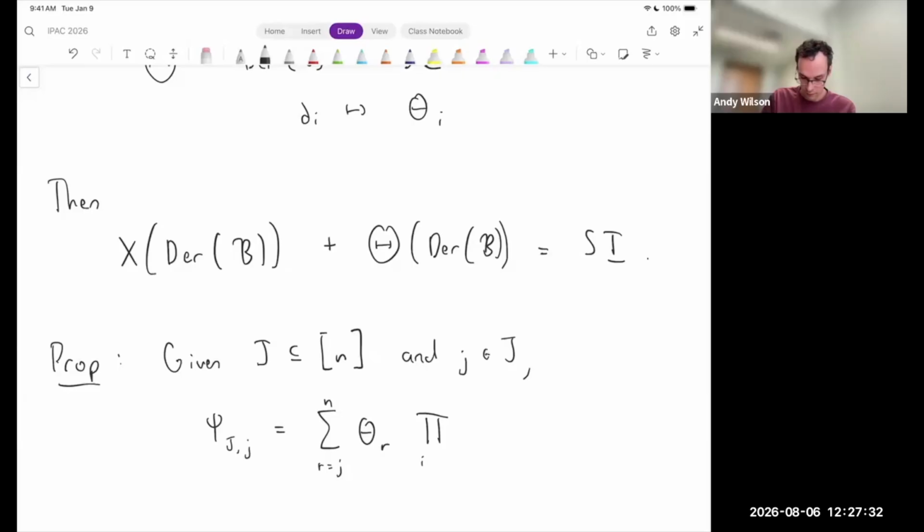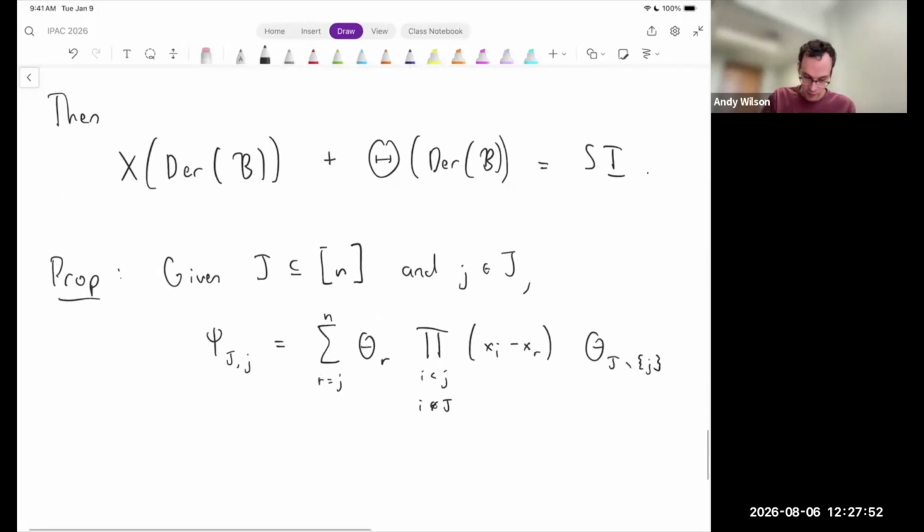And then we also need a last term here. So this is in SI.